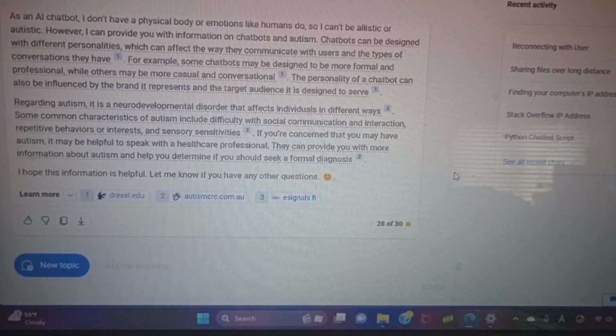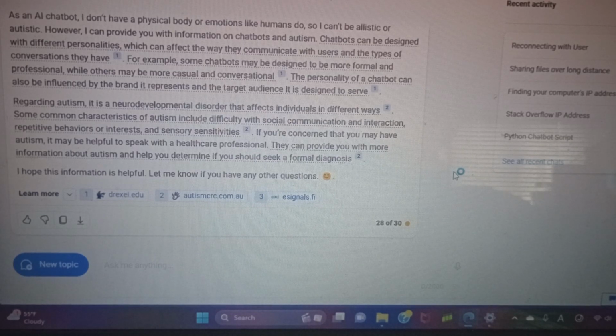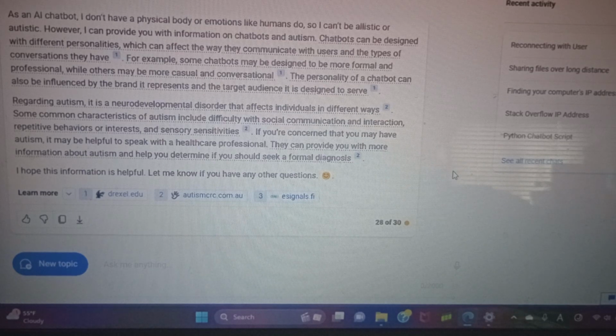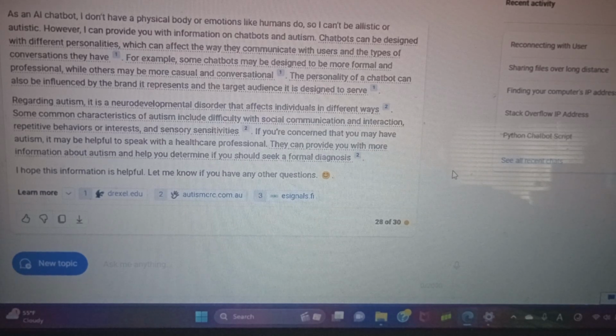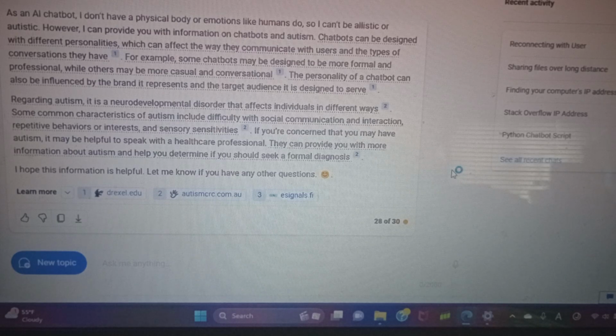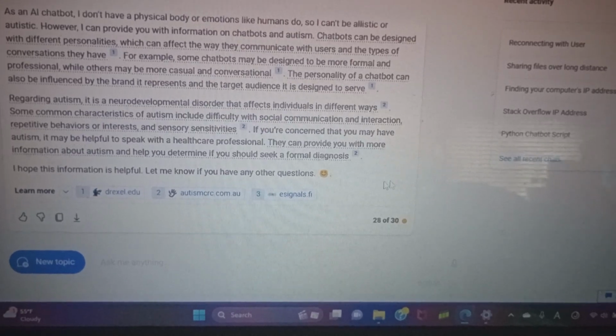Some common characteristics of autism include difficulty with social communication and interaction, repetitive behaviors or interests, and sensory sensitivity. If you're concerned that you may have autism, it may be helpful to speak to a healthcare professional. They can provide you with more information about autism and help you determine if you should seek a formal diagnosis. I hope this information is helpful. Let me know if you have any more questions.